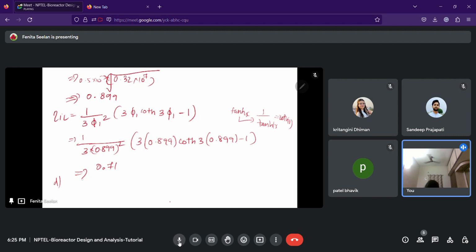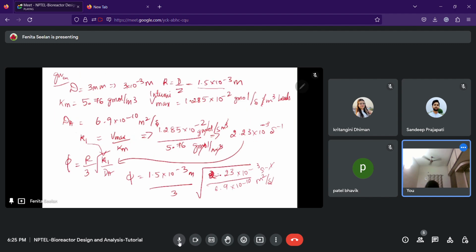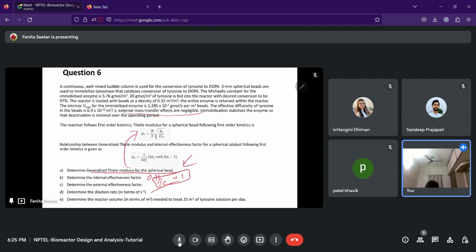To get the dilution rate, let's see what is given about the substrate. It's stated that your conversion should be 97%. Let's check for the initial concentration, yeah, here it is.